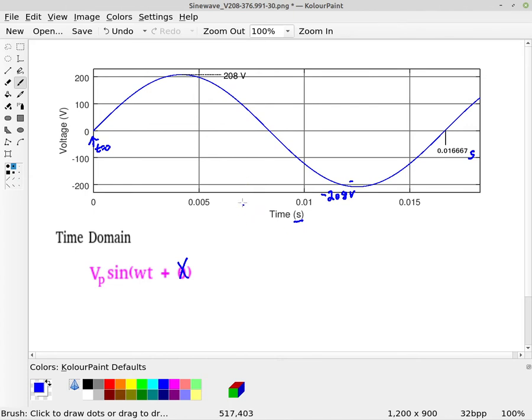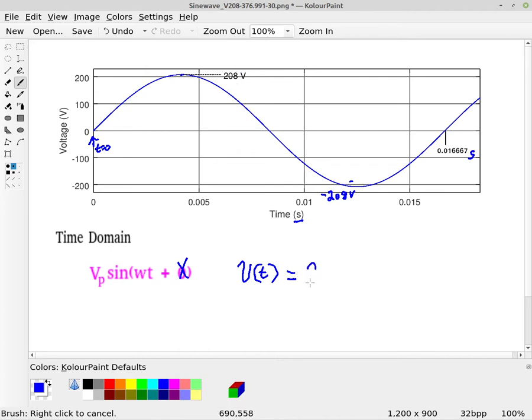So when we look at a sine wave, we can see the peak value of that. And so that is V peak. All right. So when we want to write the equation for this sine wave, for any time t, the first thing we would do is write down the peak voltage.